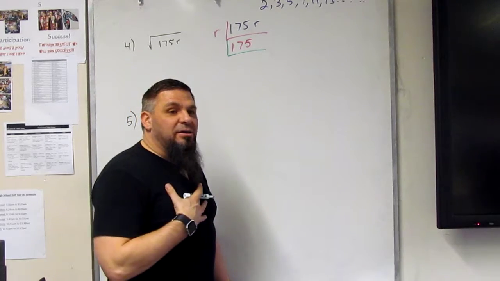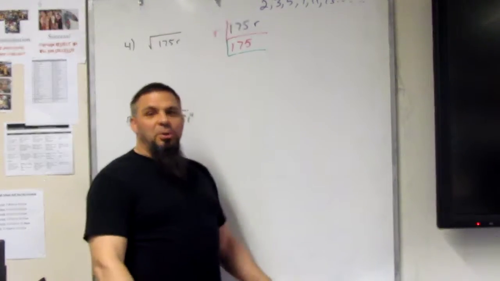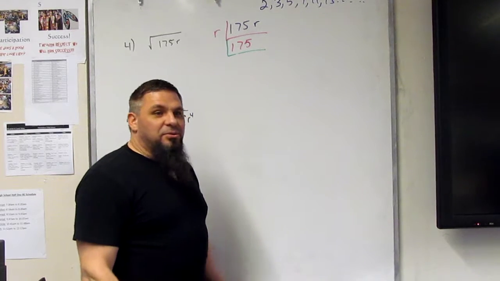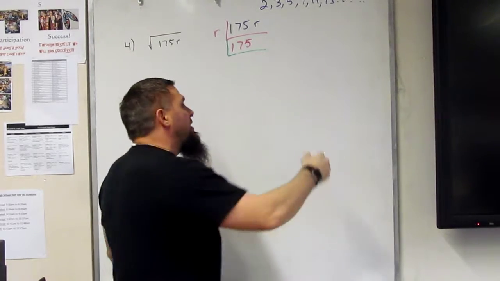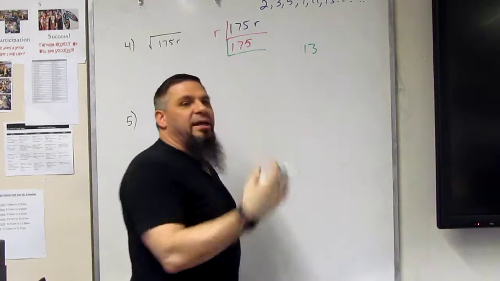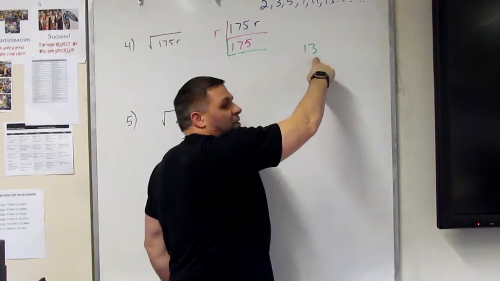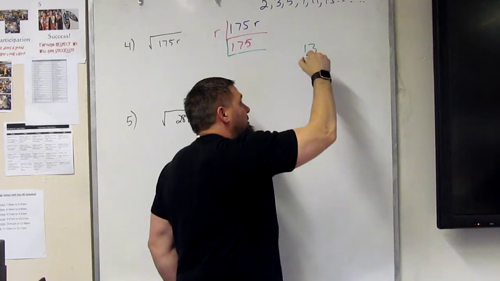And like what my daughter taught at her school today, or yesterday, actually, she was so proud. She came home and said, I got to teach them the 3 trick. And she takes it a step further. She said, then you take the 13 and you add 1 plus 3, which is 4.